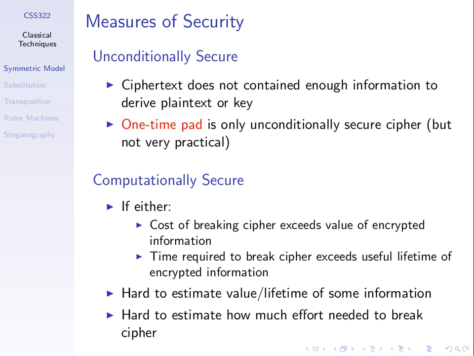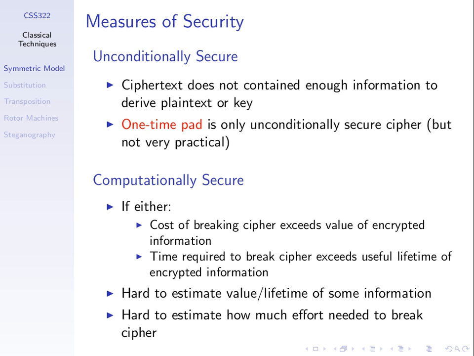This is something that is secure, perfectly secure. If the ciphertext has no information that helps in finding the plaintext or the key, then if the attacker only knows the ciphertext, they cannot derive the plaintext or the key.